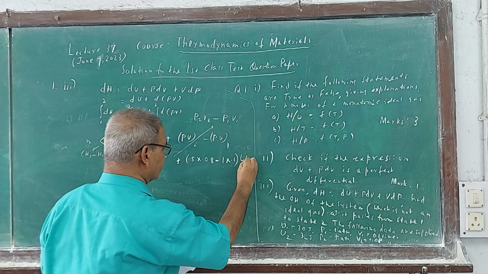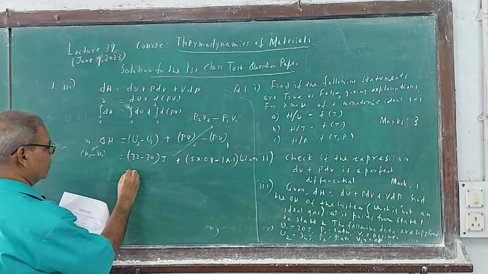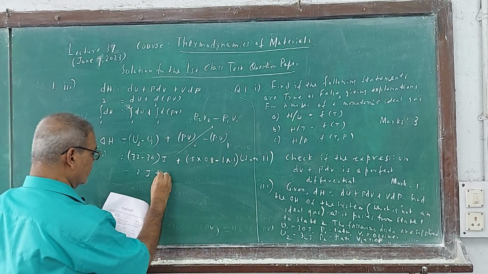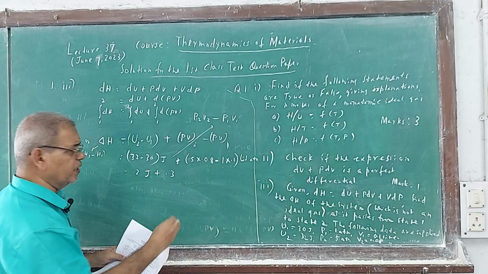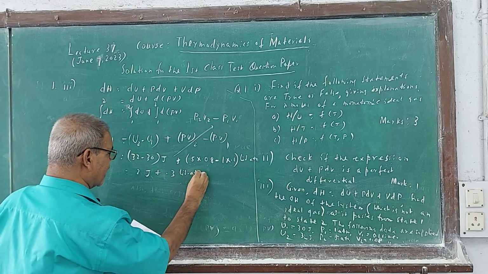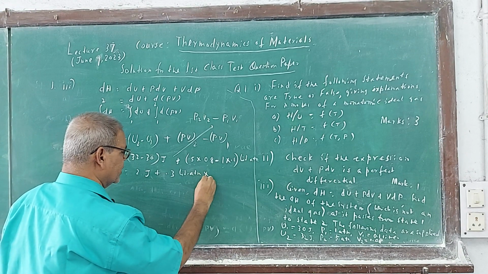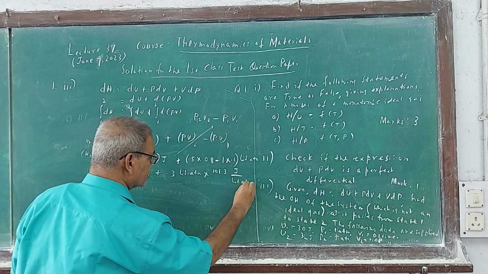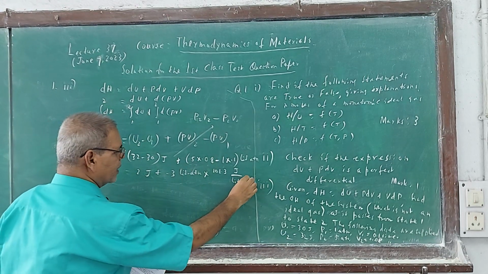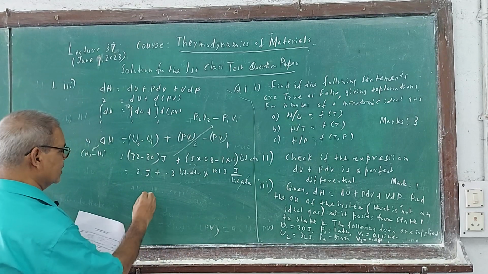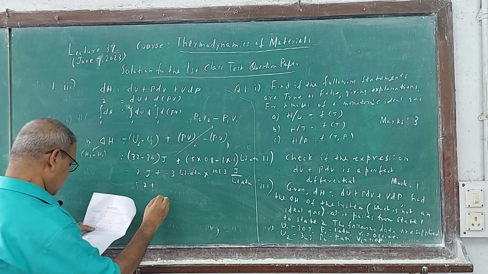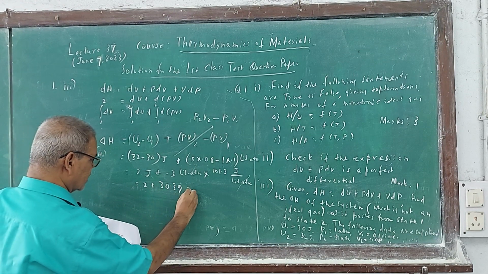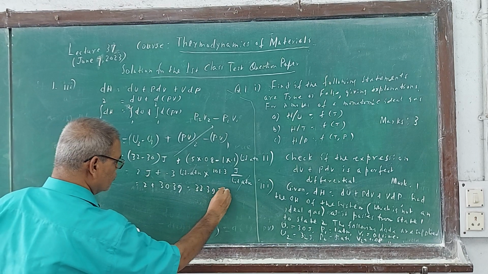So you get 2 joule plus 0.4 minus 0.1, which is 0.3 liter atmosphere. They will not add different units, so convert to the same unit: 101.3 joule per liter atmosphere. The liter atmosphere cancels, remaining joule. So 2 plus 30.39 is 32.39 joule. Answer.